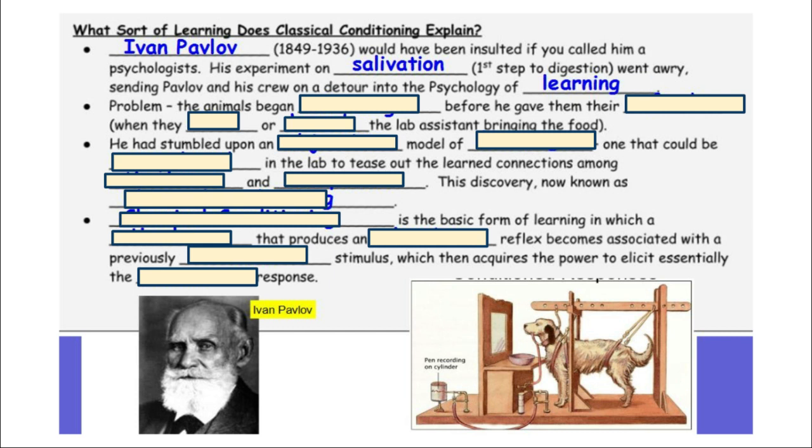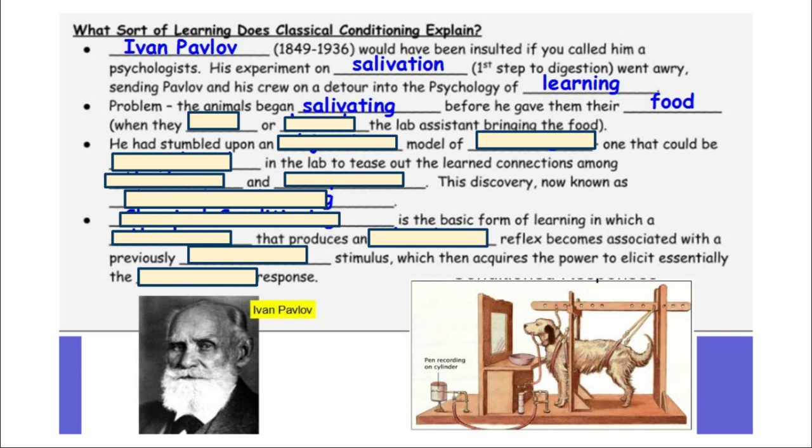And the problem that he was facing is that the animals in his lab began salivating before he gave them their food. From what the story says, Pavlov was working with his subjects, these dogs, and they were putting out what would basically be a powdered form of meat for these animals.